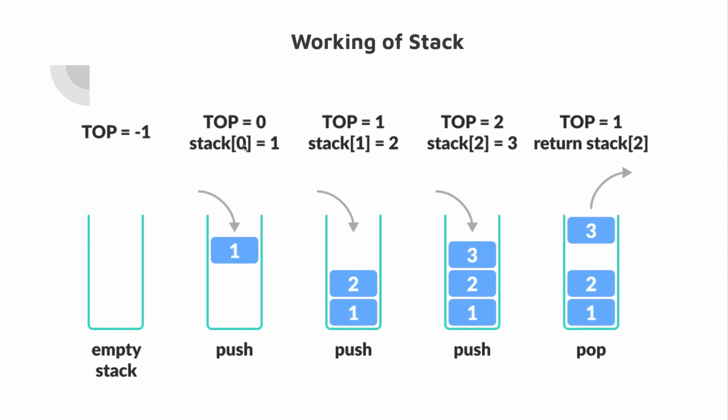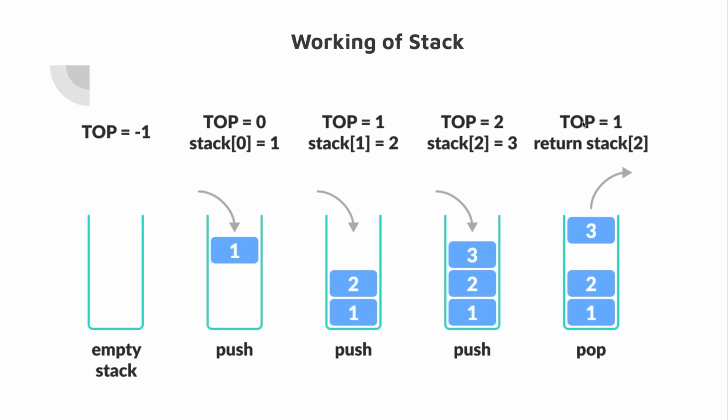Here you can see that top value is 0 and we have pushed an element at stack index 0. Similarly, we have increased top and we push the value at stack index position 1, which is value 2. Similarly, we have pushed value 3 on top of the stack at index 2.